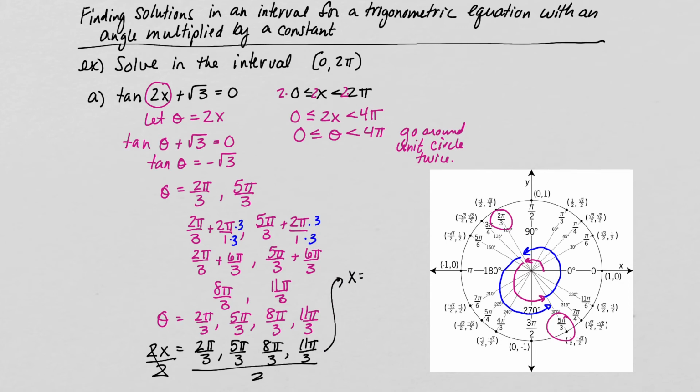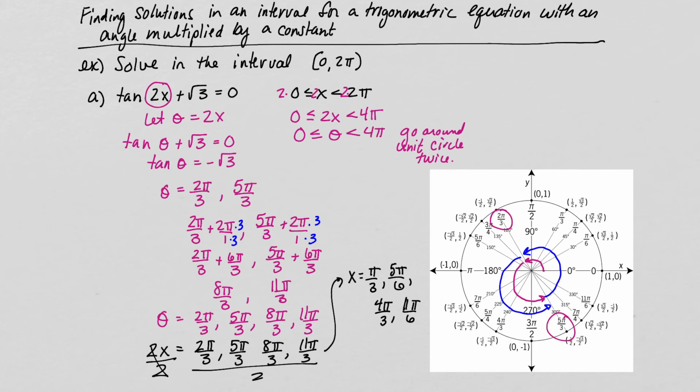So x, the final answer, is going to end up being, if I take 2 pi over 3 divided by 2, I get pi over 3. If I take 5 pi over 3 divided by 2, I get 5 pi over 6. If I take 8 pi over 3 divided by 2, I get 4 pi over 3. And if I take 11 pi over 3 divided by 2, I get 11 pi over 6. So I just divided out each of those fractions.